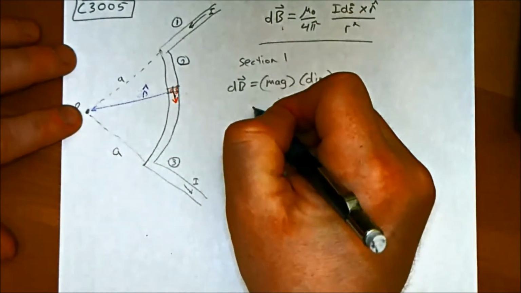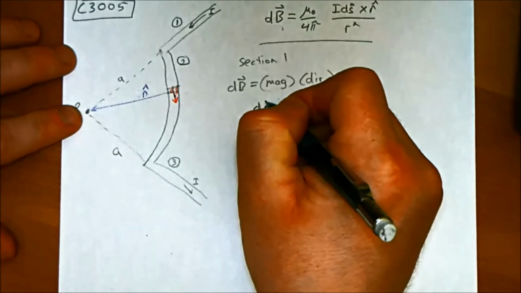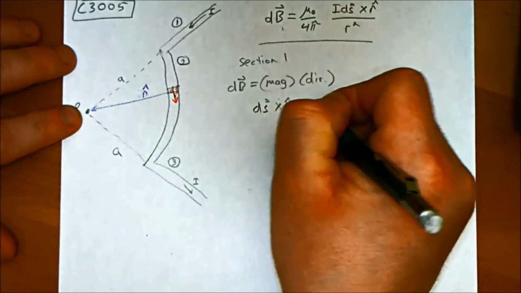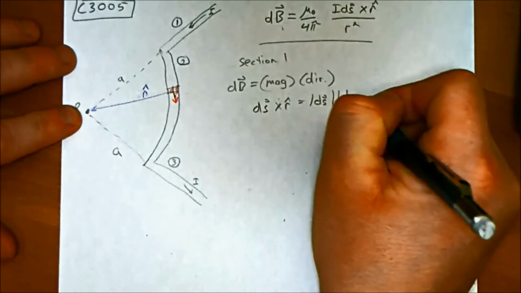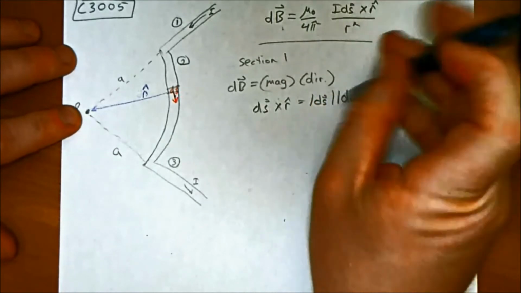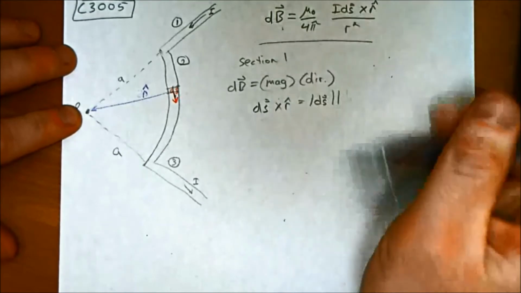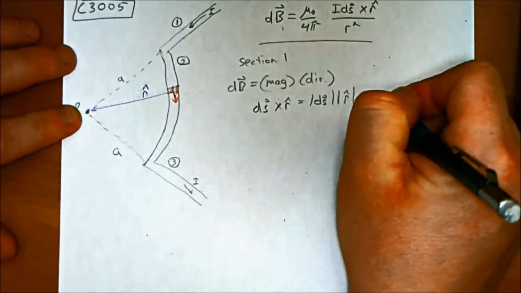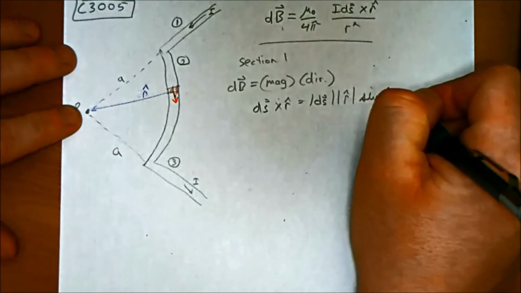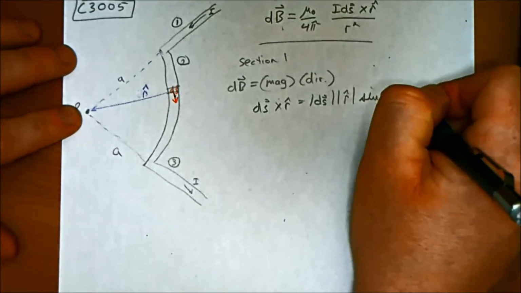Let's look at it another way. ds cross r hat equals the magnitude of ds times the magnitude of r hat, which we know is just 1, times sine of the angle phi between ds and r hat.